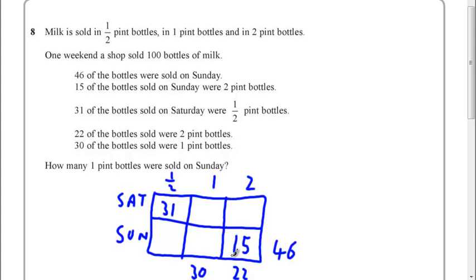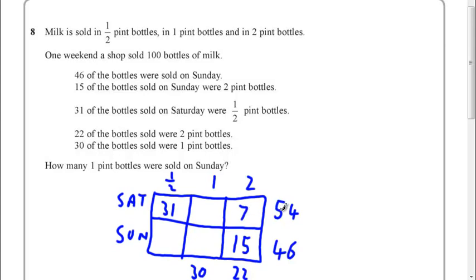So, alright, we know there's 100 in total. So if 46 were on Sunday, that means 54 were sold on Saturday. Also, we know total of 22 2-pint bottles. So if we take the 15 off the Sunday, we know what we had on Saturday, which will be 7.